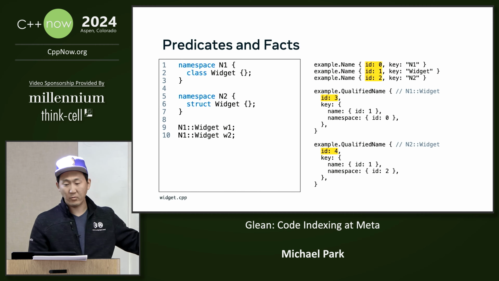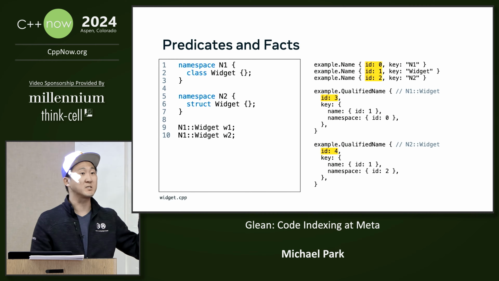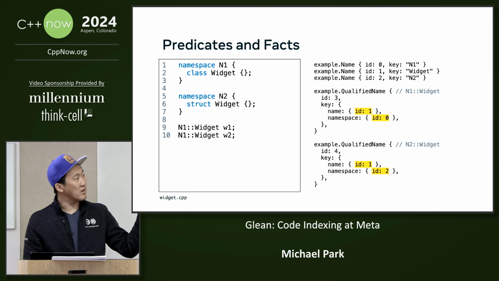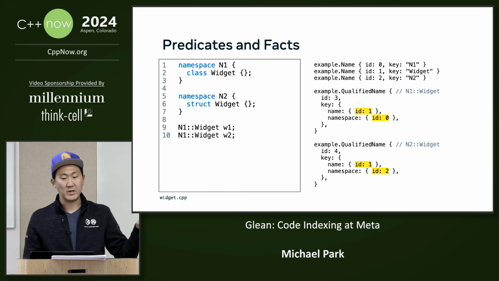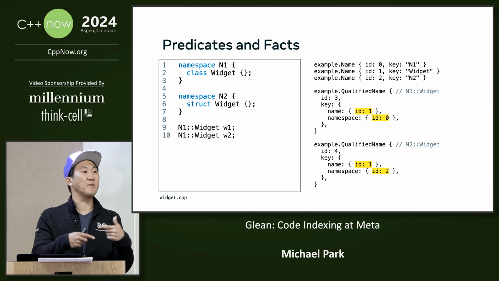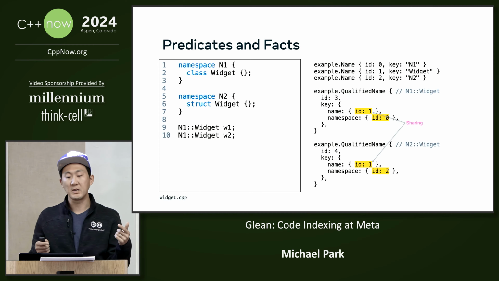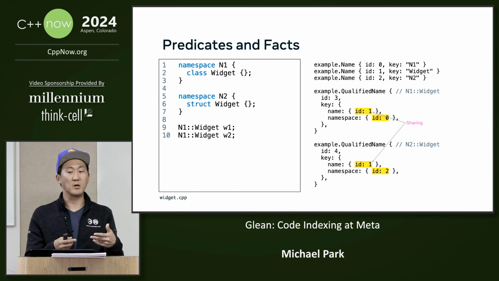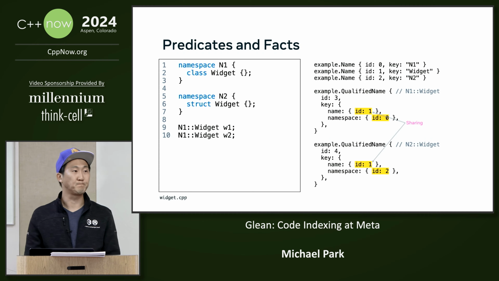And here this is showing that each fact gets assigned a unique ID. And then inside here, these are references to other facts, right? So qualified name is going to refer to existing name facts. And if there are commonalities, like widget in this case, it's going to be shared across the different predicates.